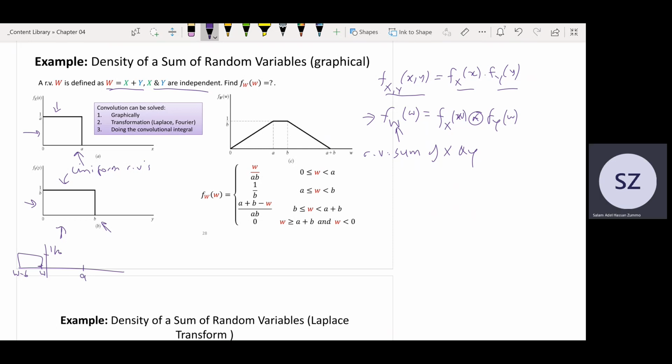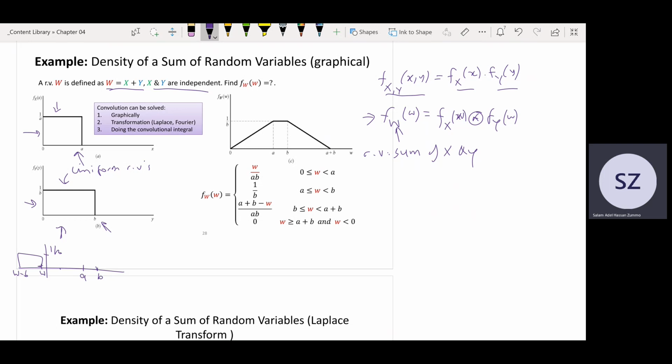Now, when w crosses a, what happens? It starts moving like this, up to b. The area, the common factor, will be constant. So basically between a and b there will be no increase.